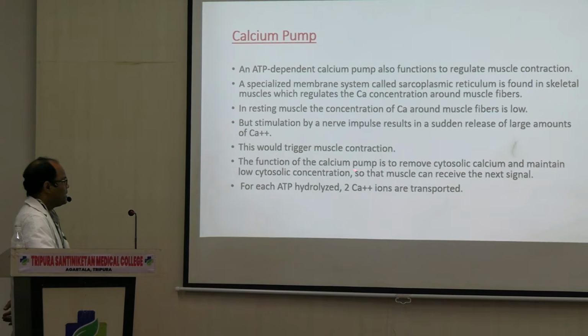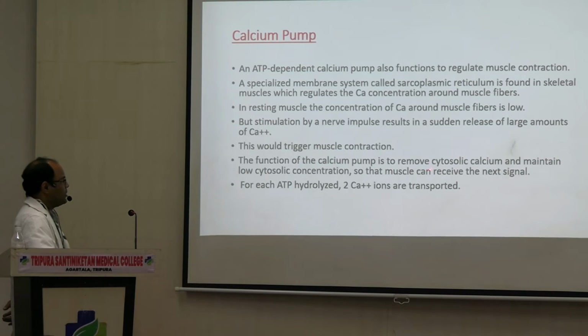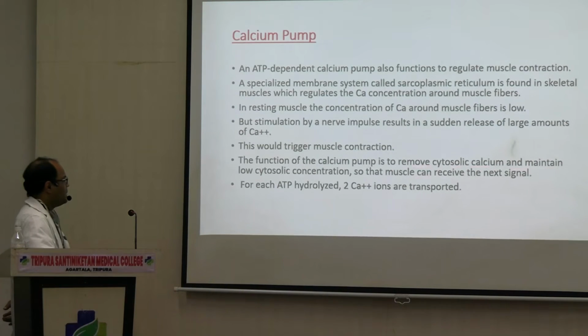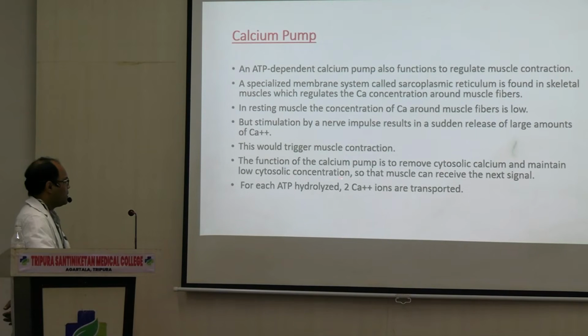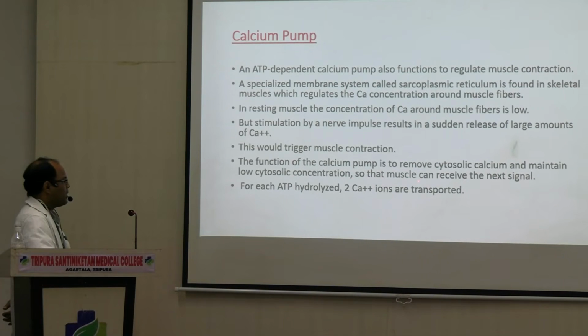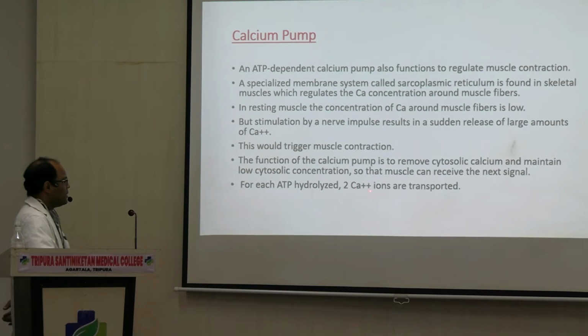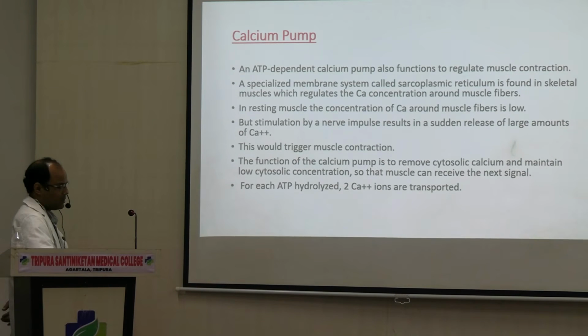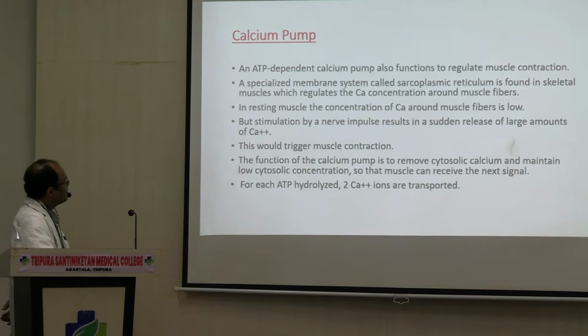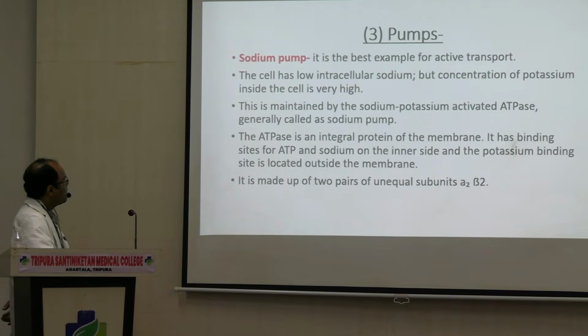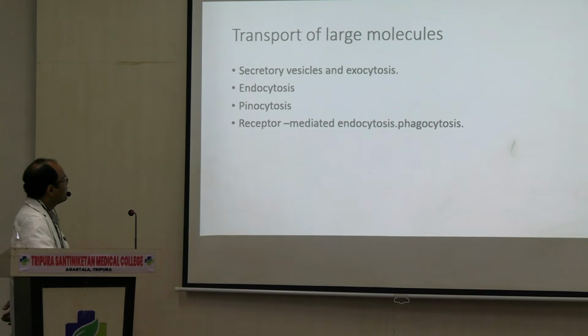The function of the calcium pump is to remove cytosolic calcium and maintain low cytosolic concentration so that the muscle can receive the next signal. For each ATP hydrolysis, 2 calcium ions are transported. Okay, these are some features of pumps: sodium pump, calcium pumps, etc.